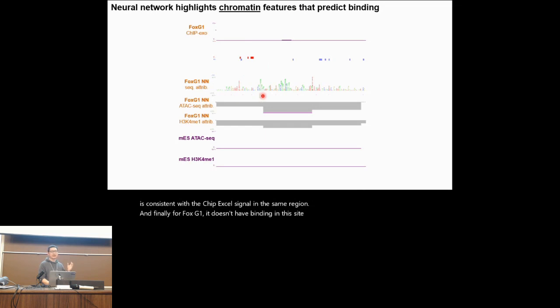However, the sequence network recognizes many sequences it likes and gives a positive importance score. But because FOXG1 heavily relies on open chromatin, it is heavily penalized because there's no ATAC-seq signal in this region, which leads to a negative prediction. So this is all my results, and I hope I've shown you the essence of our project.